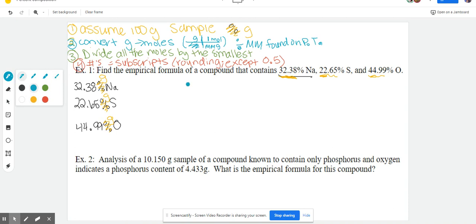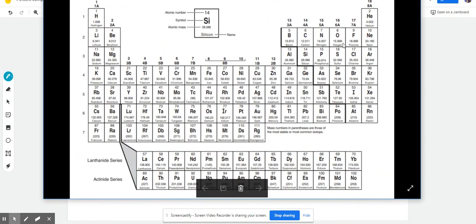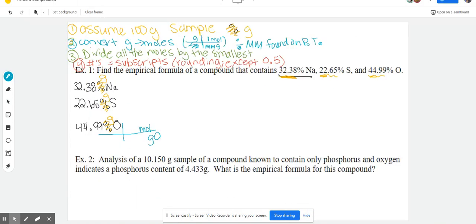Our next step is we're going to be converting things to moles. I'll show it with this oxygen down here because I have the most space down here. If we have grams of oxygen right there, remember we brought grams down to the right. So grams of oxygen, we're trying to convert it into moles. This ends up being the molar mass. If I pull up my little periodic table, we see that oxygen is 15.999. So we would put the molar mass down here, and I'll label that so we know what we're talking about: 15.999 grams per 1 mole.